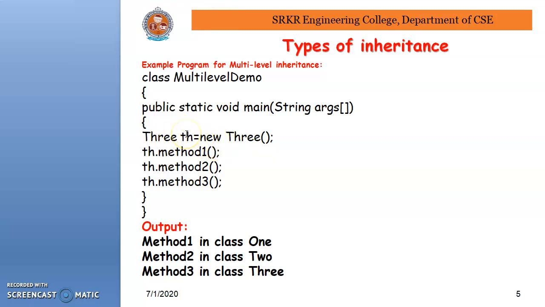By using this, we have to call method 1, which is from 1, method 2, which is from 2, and method 3, which is from 3. So this particular class 3 will use the properties of class 1 and class 2. At the same time it has its own properties.